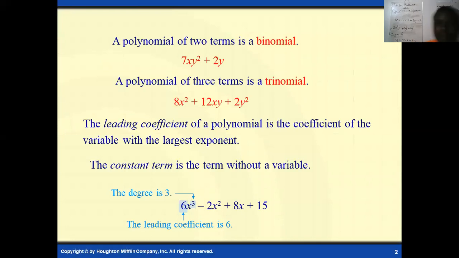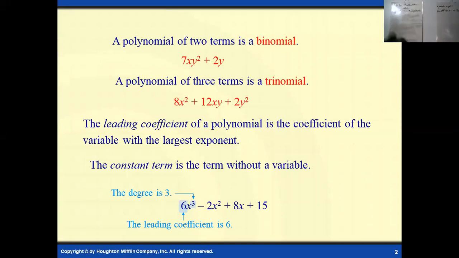Let us start over to know how we know the degree of a polynomial. I want you at this moment to go through your slide. A polynomial of 2 terms is a binomial. We are just talking of the terms now.